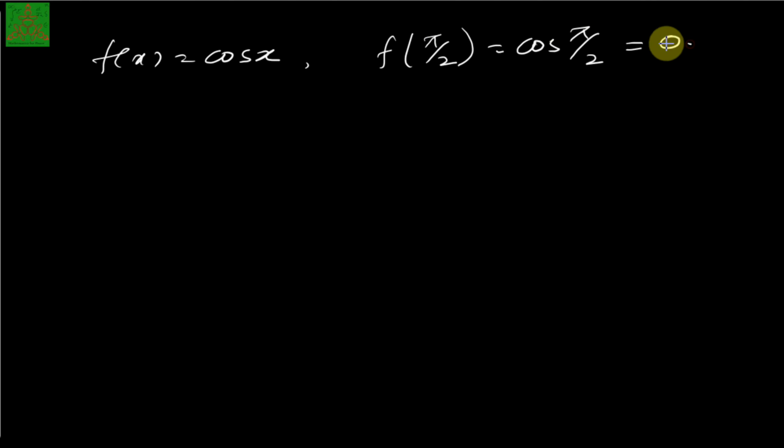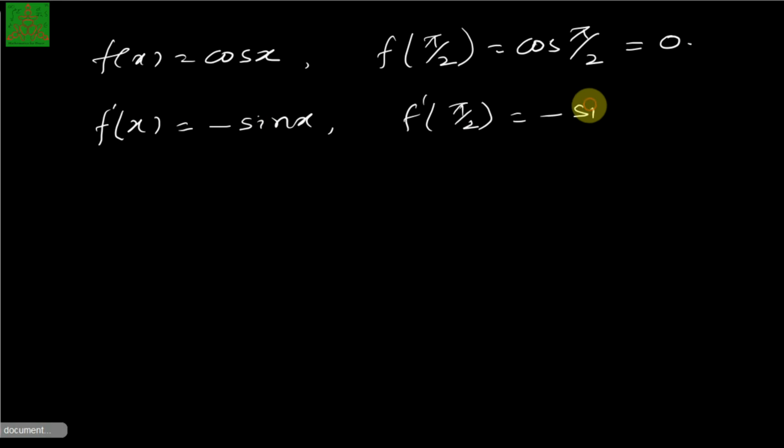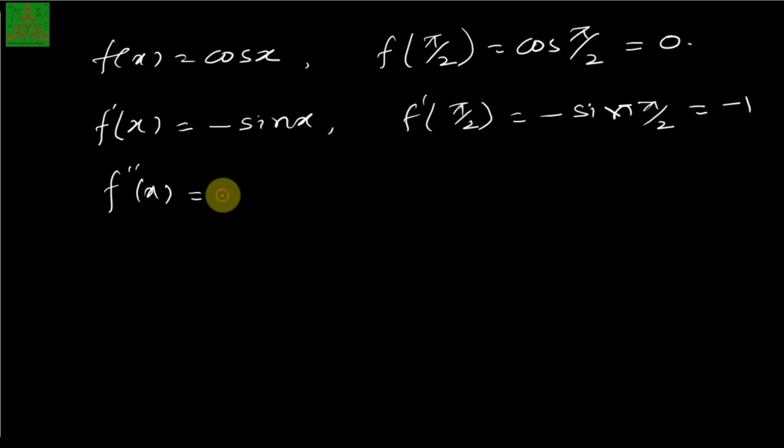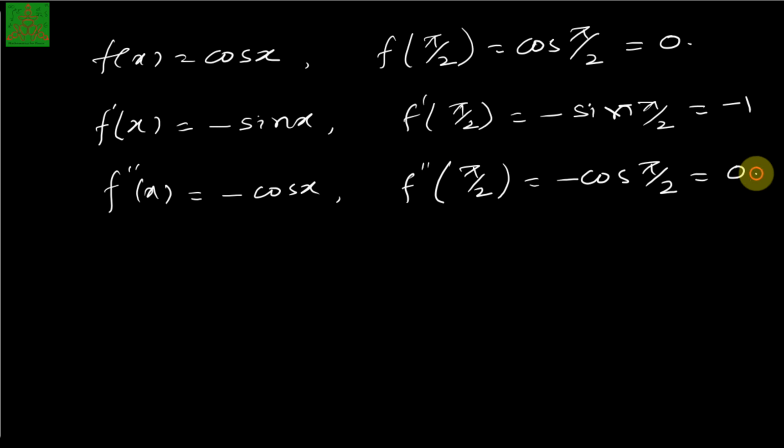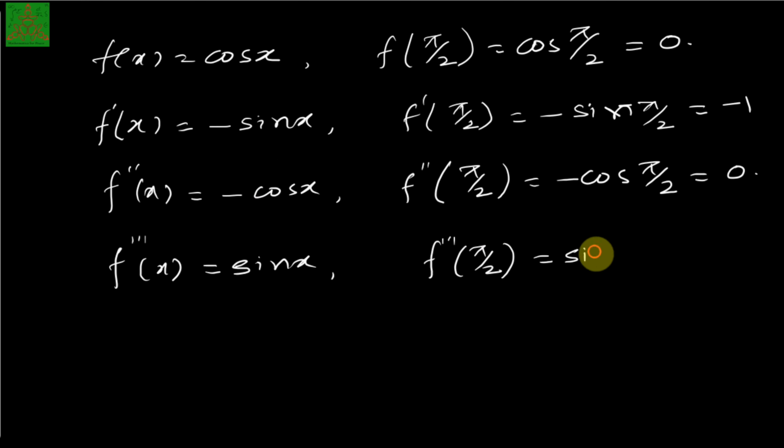Cos pi by 2 is 0. f dash of x is minus sine x. f dash at pi by 2 will be minus sine pi by 2, which gives me minus 1. f double dash at x will be minus cos x, so f double dash at pi by 2 gives me minus cos pi by 2, which gives me 0. f triple dash at x is sine x, so f triple dash at pi by 2 gives me sine pi by 2, which is 1.